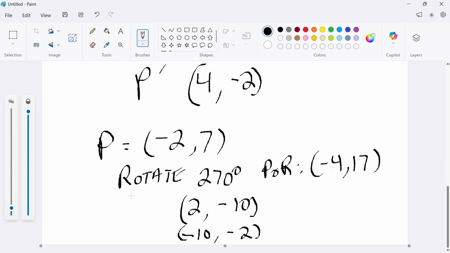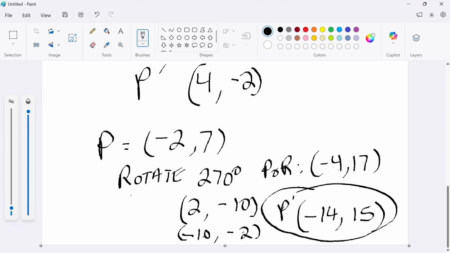Negative 10 plus negative 4 is negative 14. Negative 2 plus 17 is 15. And so there's P prime, which would be a rotation of 270 degrees, counterclockwise since no direction is given, around the point (negative 4, 17): (negative 14, 15).